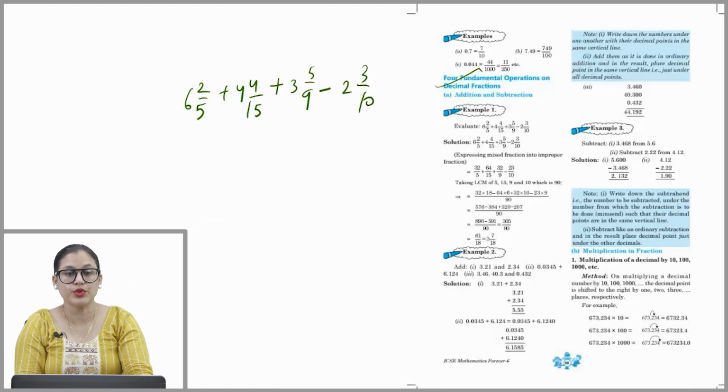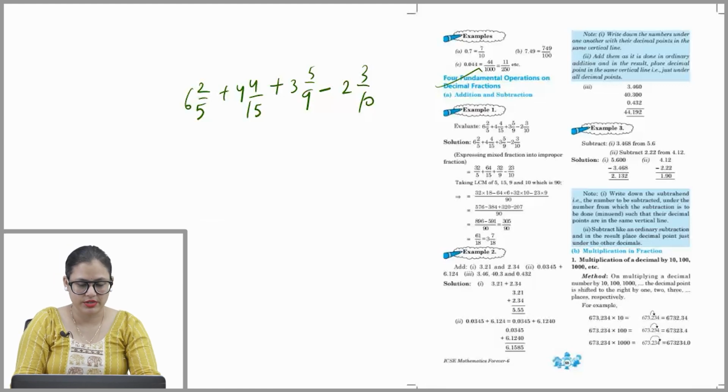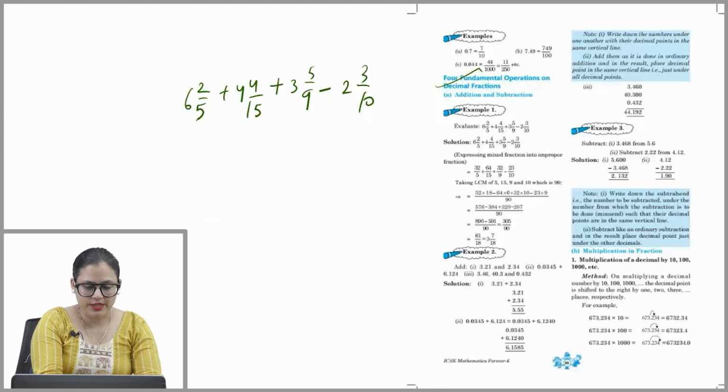So first, what will you do? First you will convert these mixed fractions to improper fractions. 6 5s are 30 plus 2, 32 by 5. 15 4s are 60 plus 4, 64 by 15. 9 3s are 27 plus 5, 32 by 9. And 2 10s are 20 plus 3, 23 by 10.